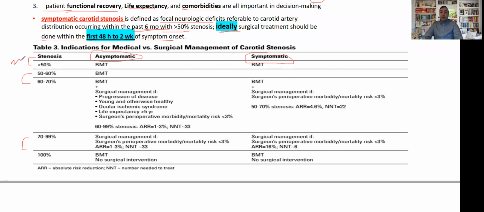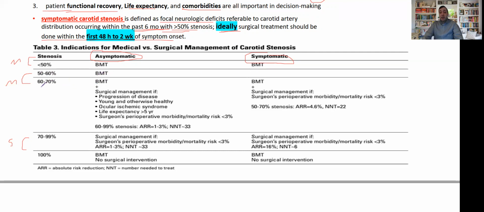So in mild cases, if asymptomatic, just best medical therapy, and even if it is a mild degree stenosis with symptoms, also best medical therapy. If the stenosis is moderate, for example 50 to 60%, in an asymptomatic patient, it's best medical treatment.